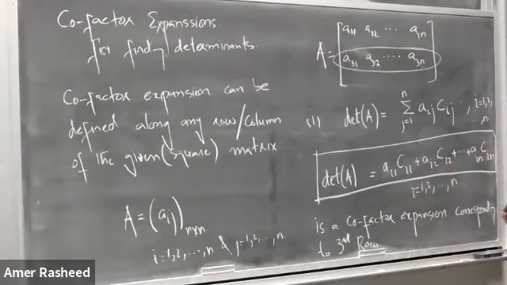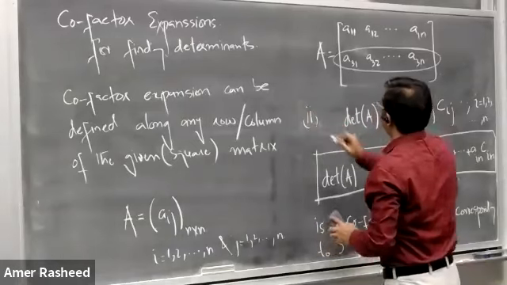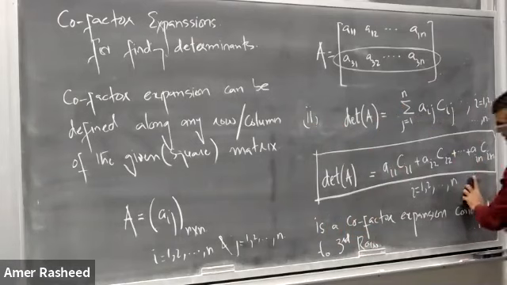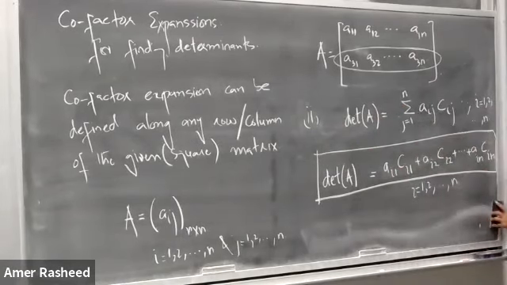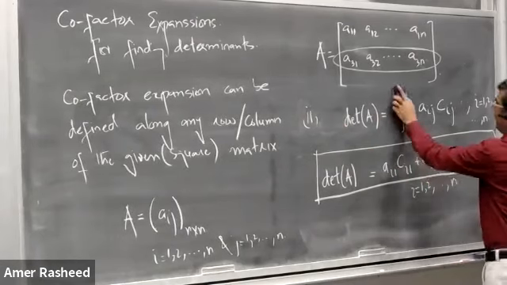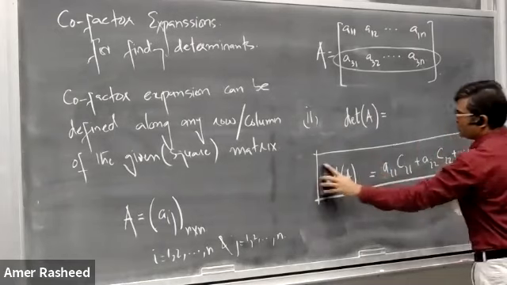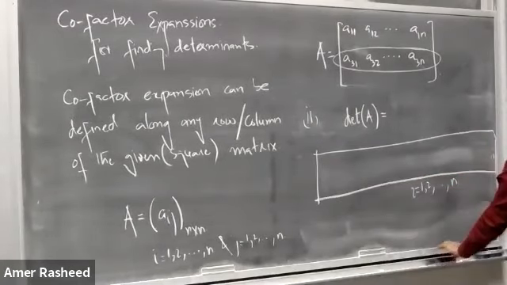Okay, and how do we define them? In that case, if you want to define a cofactor expansion along any column, let's, for example, define in a similar way. We choose first the first column, and we write the cofactor expansion along the first column.